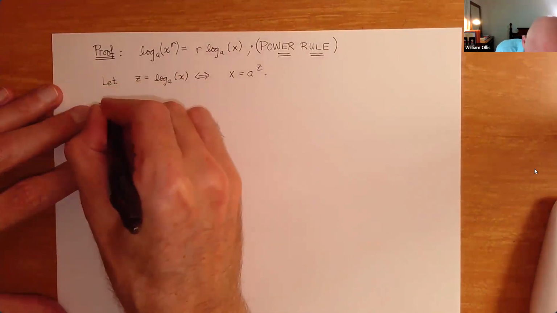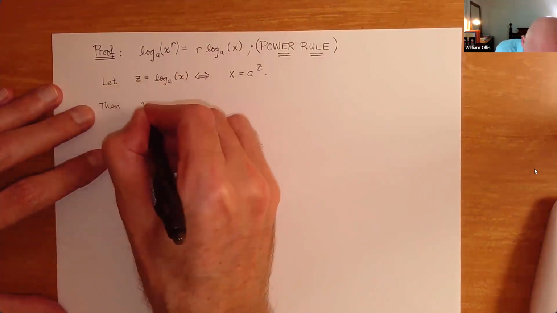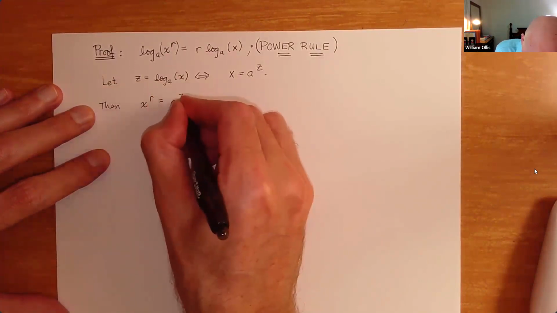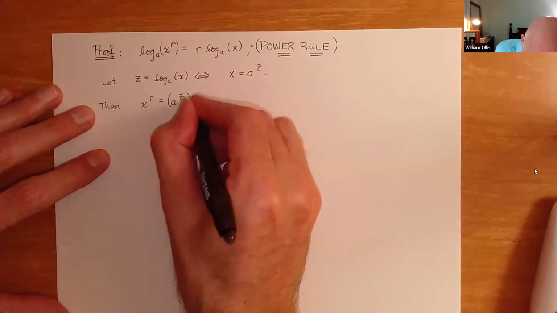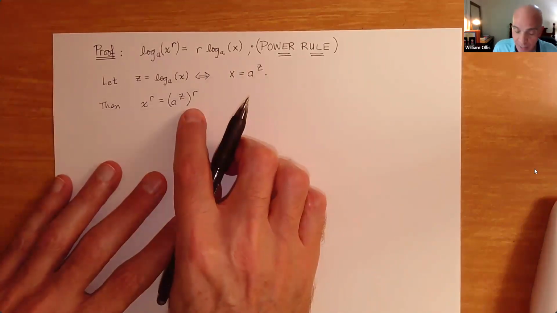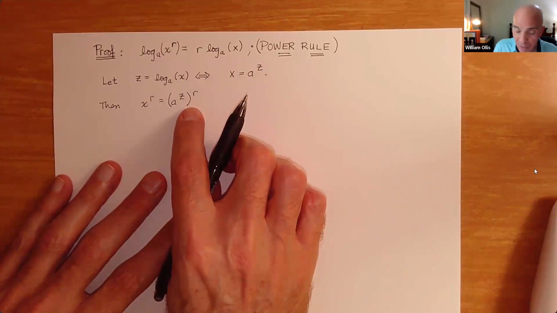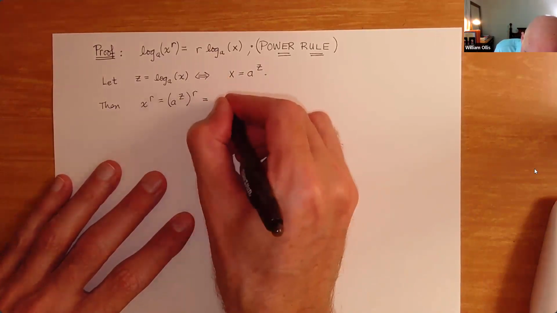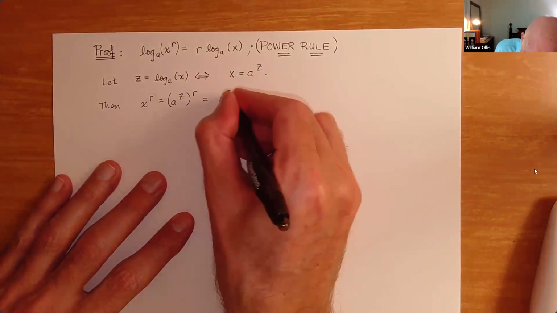So then x to the r power is simply A to the z raised to the r power. And then, of course, we can apply the exponent rules or the power rules for the base A exponential. So this gives us A to the zr.